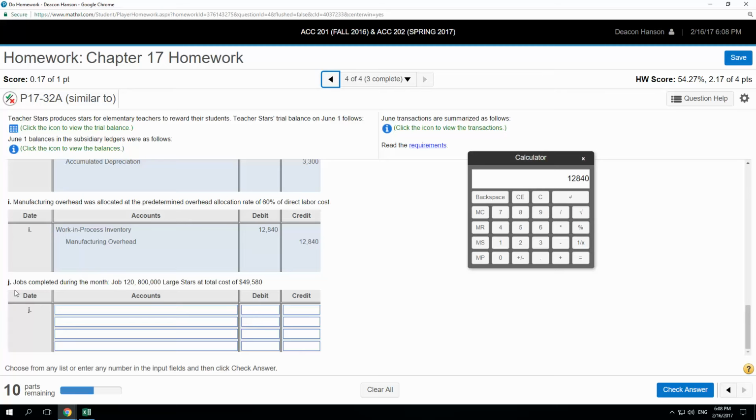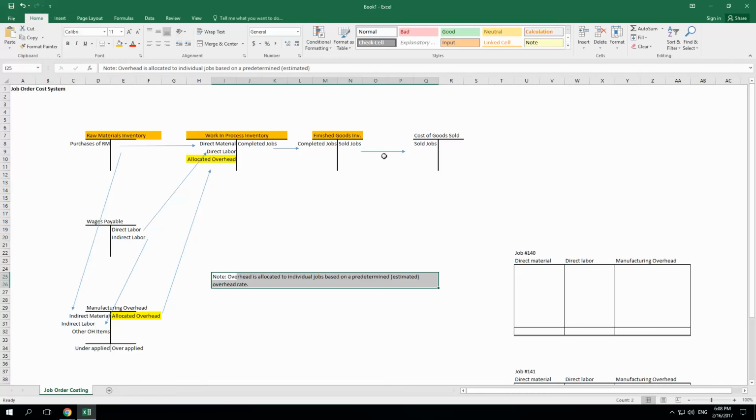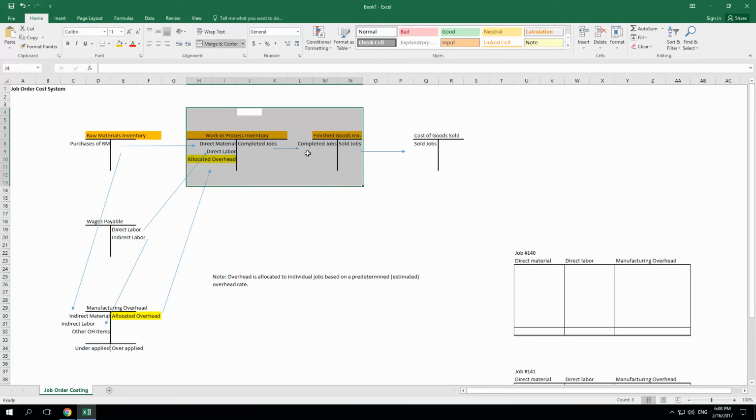Okay, in letter J it says jobs completed during the month. Job 120, 800,000 large stars at a total cost of 49,580. So what we're going to be doing now is moving it, right here in this area, from work in process to finished goods. Okay?